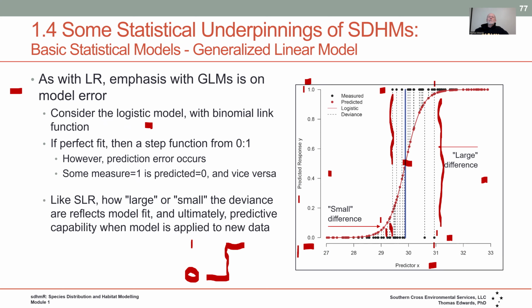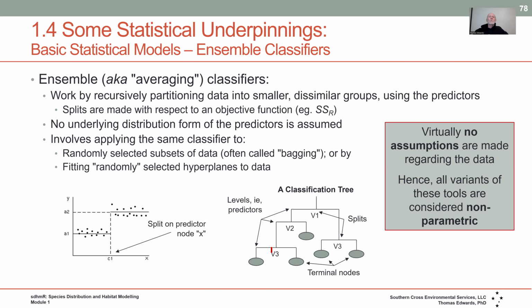Because all these large and small differences, they're going to sum up. They're going to give a measure of fit. And then they're also going to assess predictive capability. All of this error translates into the accuracy and assessment metrics that we're going to see as the course progresses.